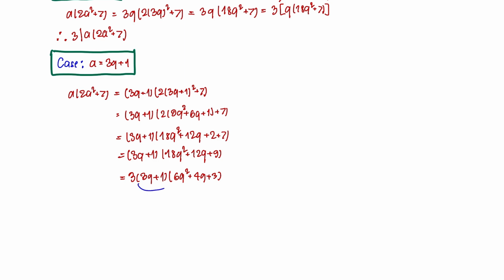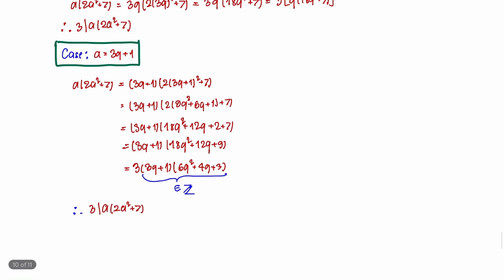And this product is an integer. That means that a times (2a squared plus 7) equals 3 times some integer. So we have shown that 3 divides a times (2a squared plus 7) in this case.